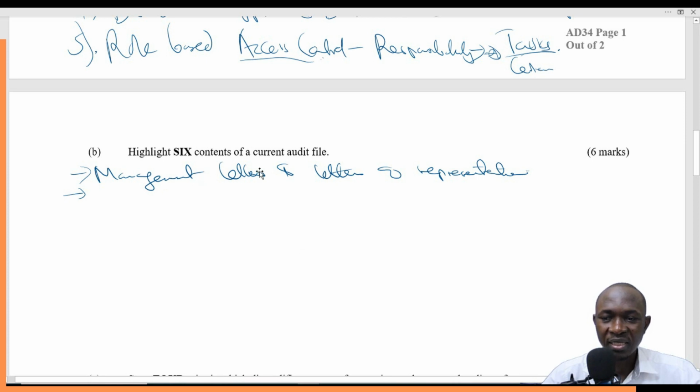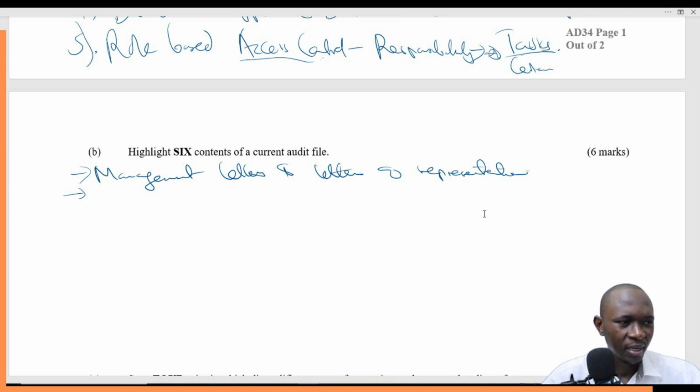That will be contained in the management letters and letters of representation. So you can see that will only have information for that particular year. The following year will also have different management letters and letters of representation.